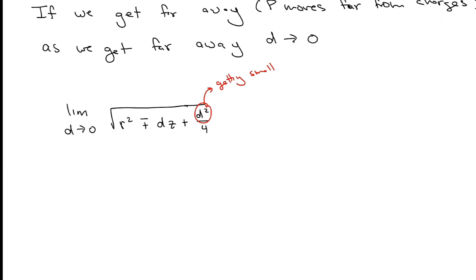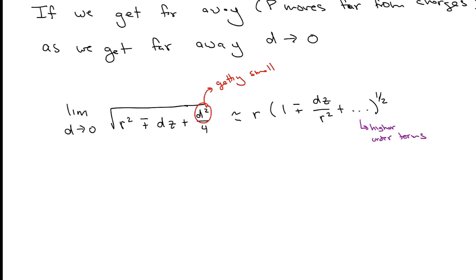So we're going to say that this is approximately equal to, I'm going to pull the r out, 1 minus plus dz over r squared. That's what I get when I pull the r out, plus some extra terms, which are our higher order terms that we are going to neglect for now.